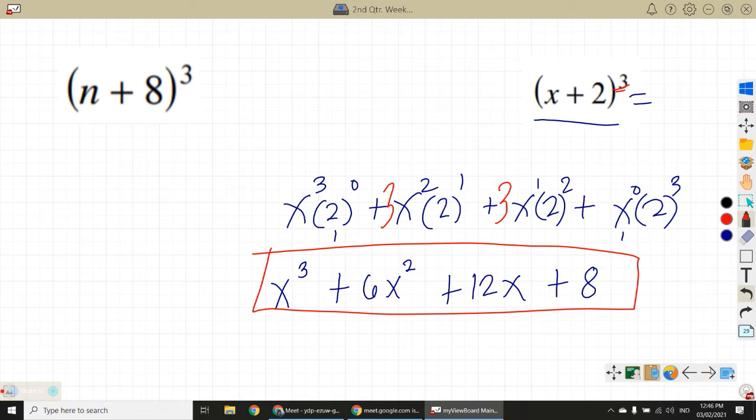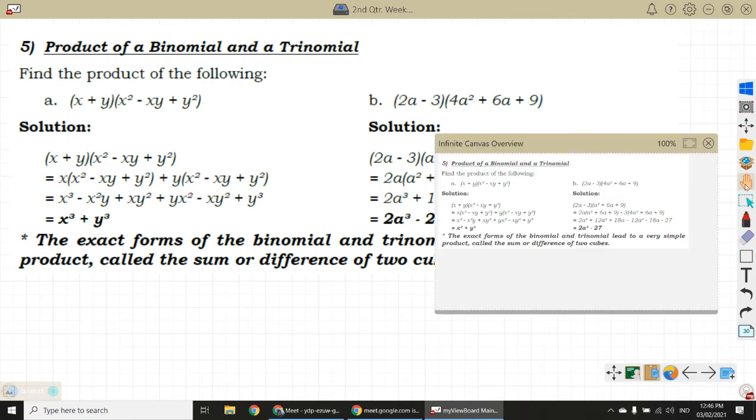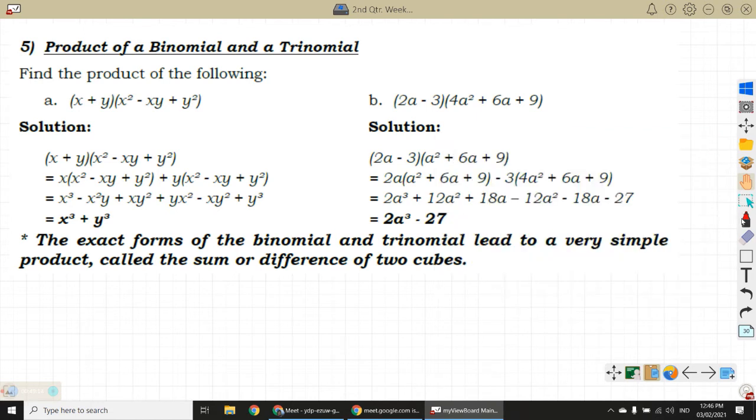Now, the last is the product of binomial and trinomial. Okay? So, here you just need to observe, no? Ang pinaka dapat mo lang gawin dito is i-observe. Okay? Inspect.